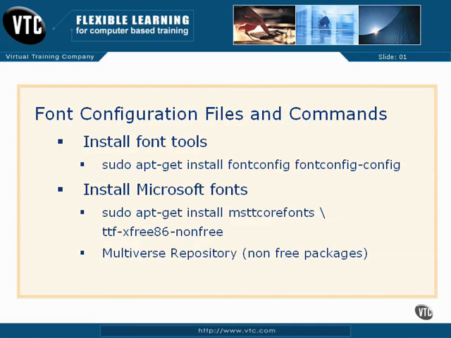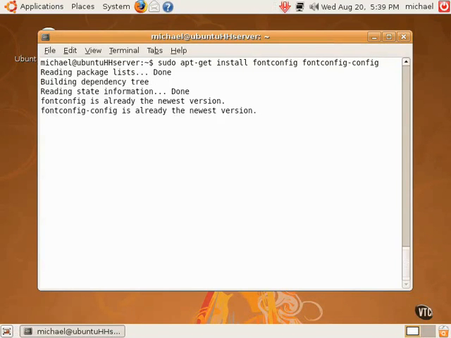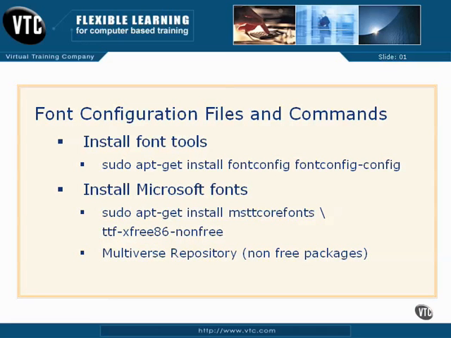To modify fonts, you'll need the right packages, which can be installed with a command such as sudo apt-get install fontconfig fontconfig-config. As you can see, I've already installed these packages. Adding new fonts is easy if you know the applicable packages. For example, I often have to install Microsoft fonts, as that's what's demanded by my clients.